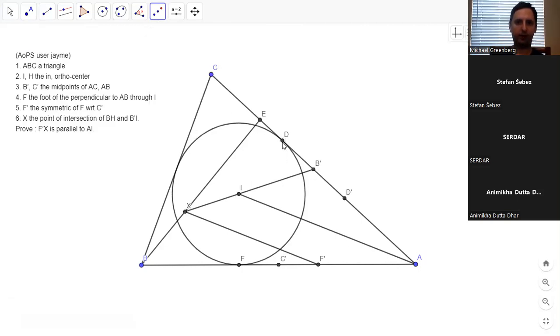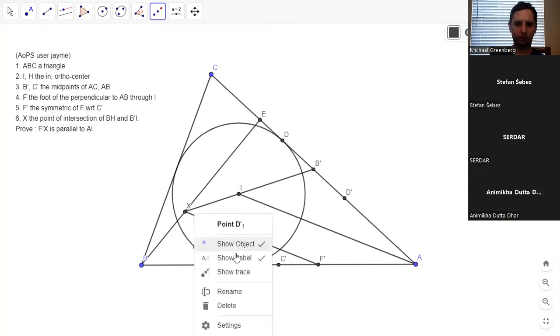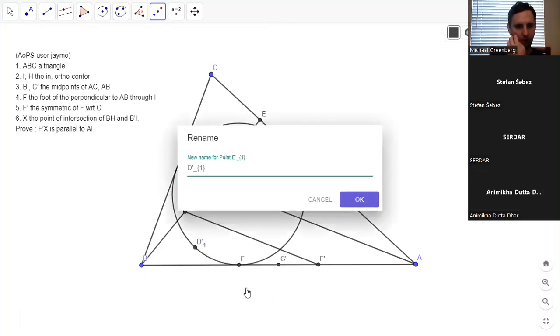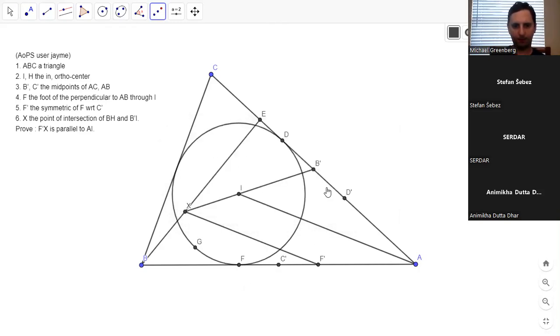So reflect D, or intersect DI with the in-circle? Yeah. And draw the line BD prime. See if it passes through G basically. It's well known. Oh yeah, of course.